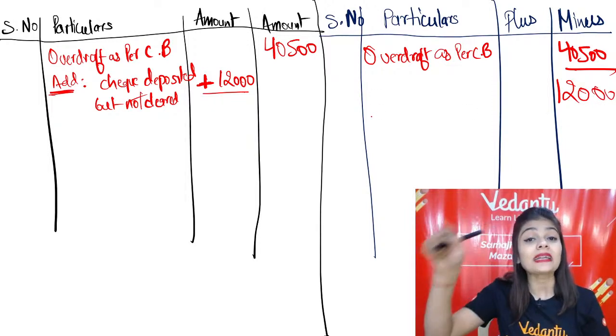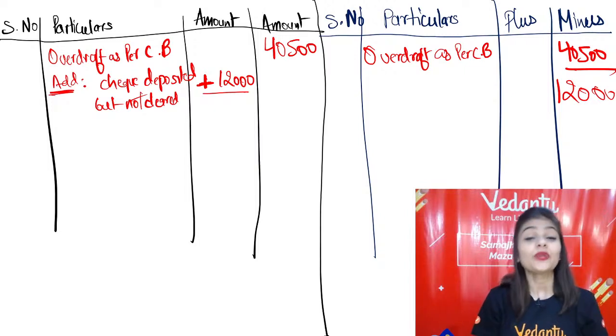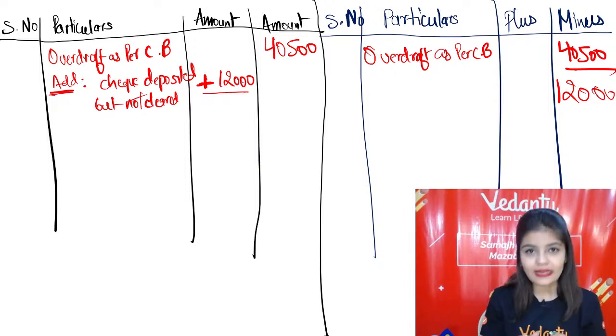If you write it in the minus column, then only it is added to the balance. So this was the mistake you people were making.